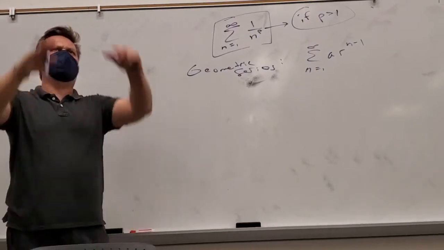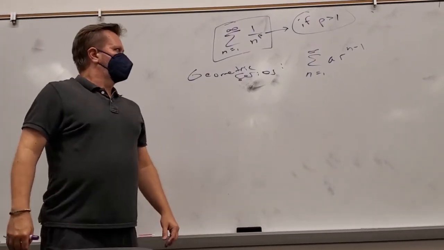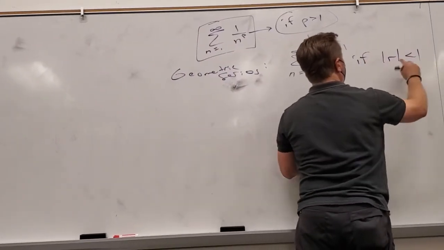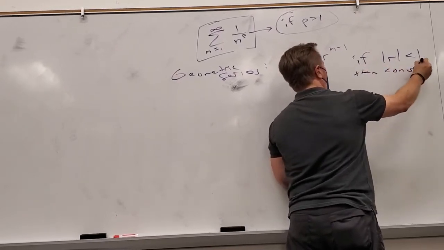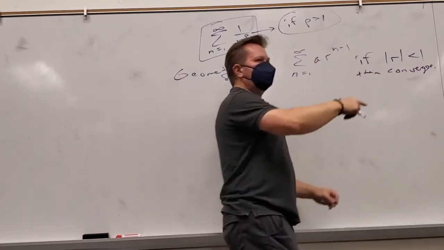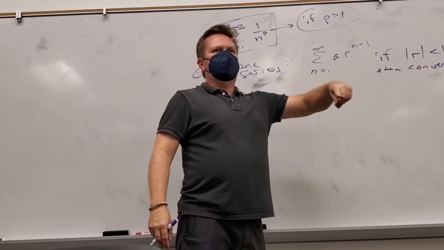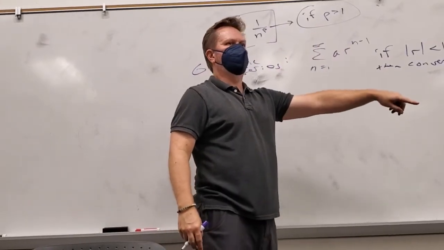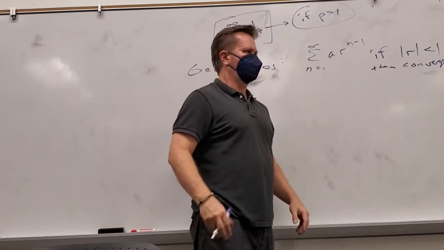And I know if the absolute value of r is less than 1, then it converges. Why does that make sense? Because I'm multiplying by something less than 1, so I'm getting smaller and smaller. In fact, I'm getting smaller quickly enough that not only does it go to 0, but it converges when I add them all up.